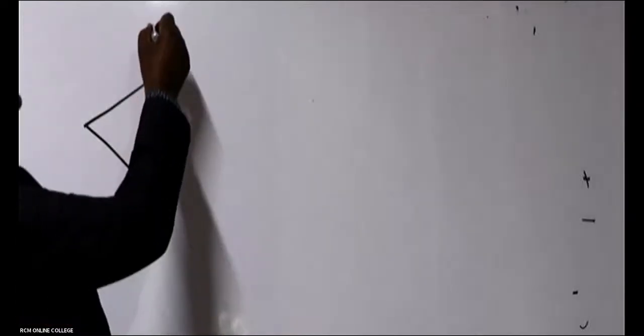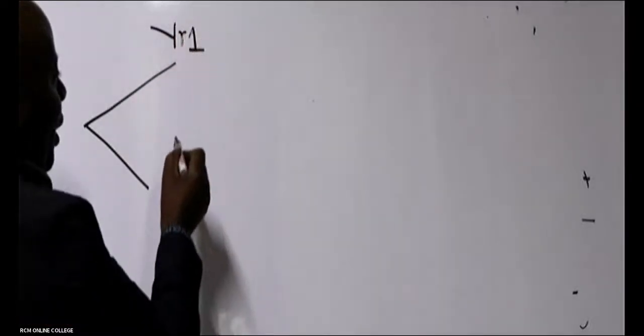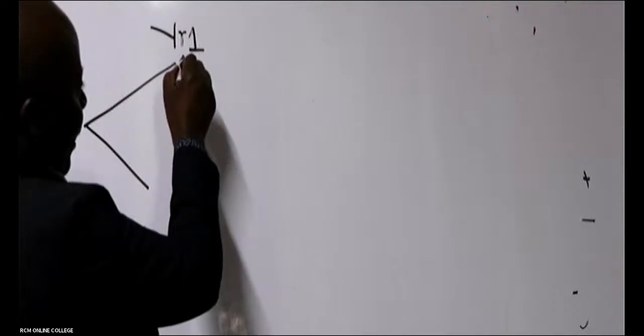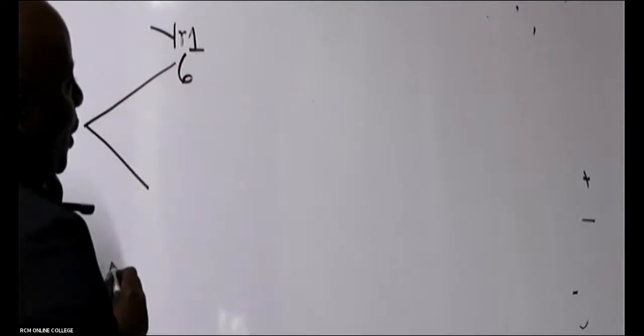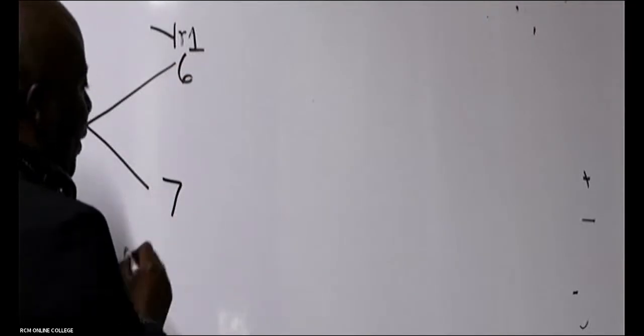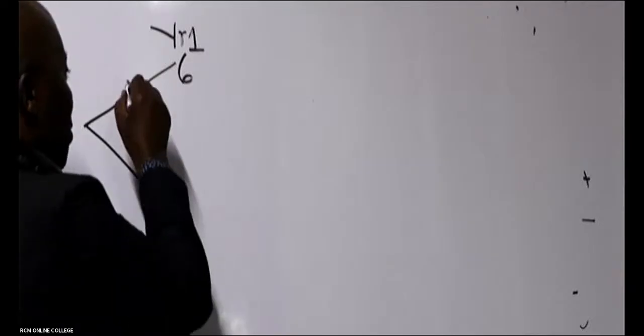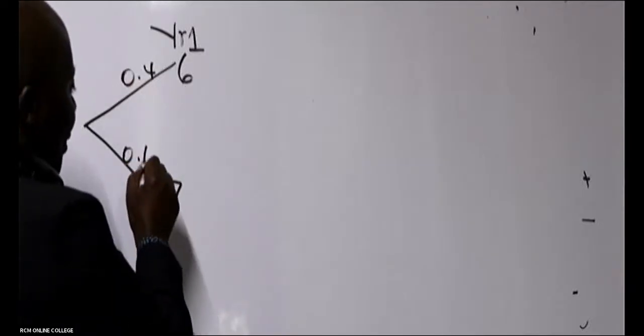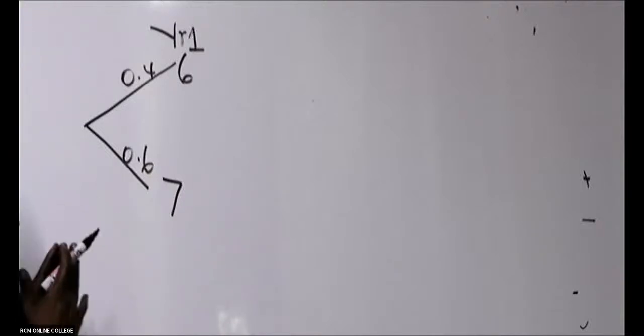So in this case, you're investing. When you invest, there is year one. In year one, you could either get a cash flow of 6 or a cash flow of 7, with probabilities of 0.4 and 0.6. First, we understand this, 0.4 and 0.6.